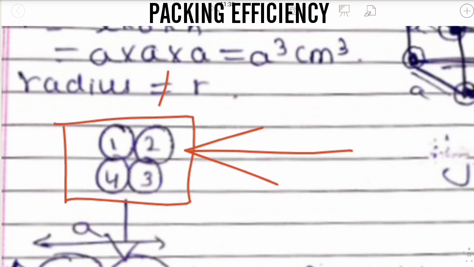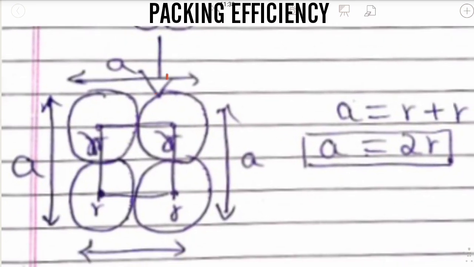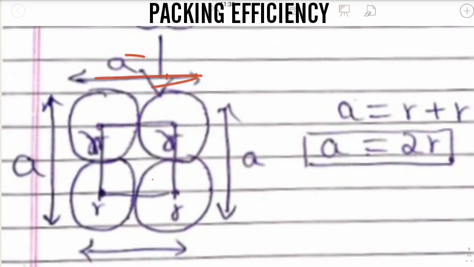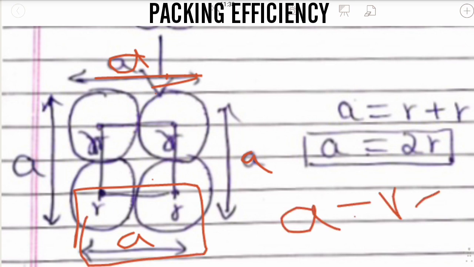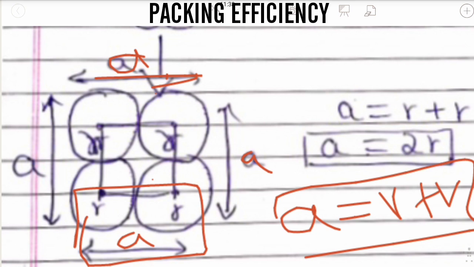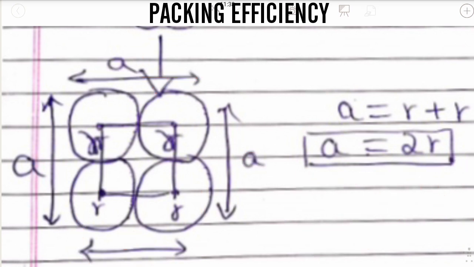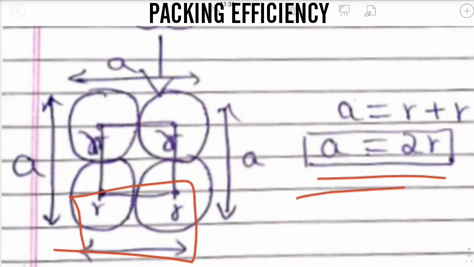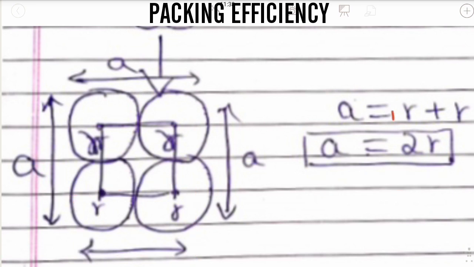When you look at the edge length a, we can find that a is equal to r plus r, that is a is equal to 2r. So here we have directly got the value of a and r, and we can find the packing efficiency very easily.